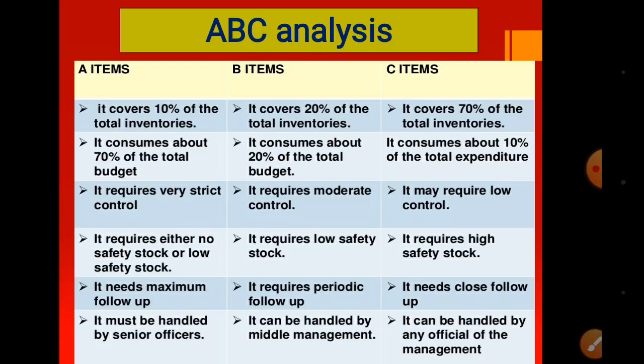A item needs maximum follow-up, B item requires periodic follow-up, and C item needs close follow-up. A item must be handled by senior officers, B item can be handled by middle management, and C item can be handled by any official of the management.